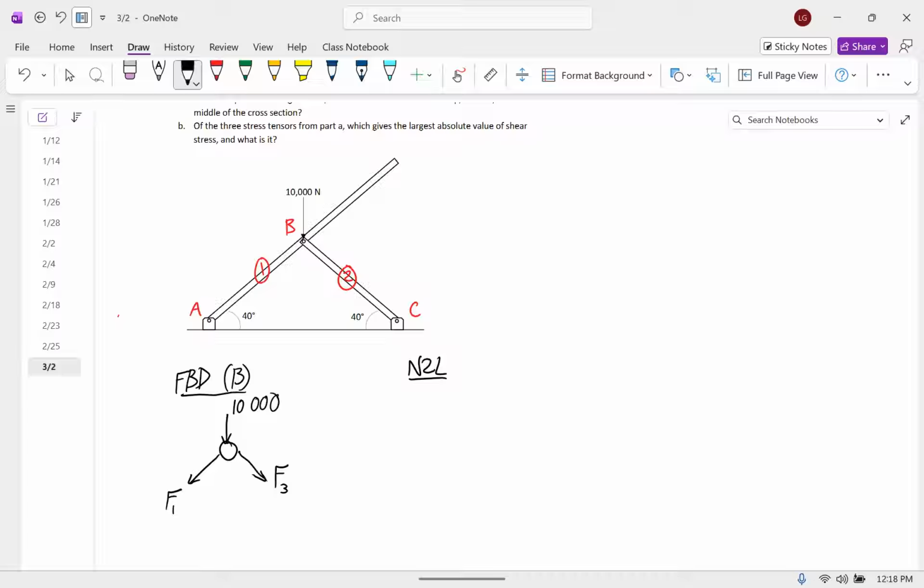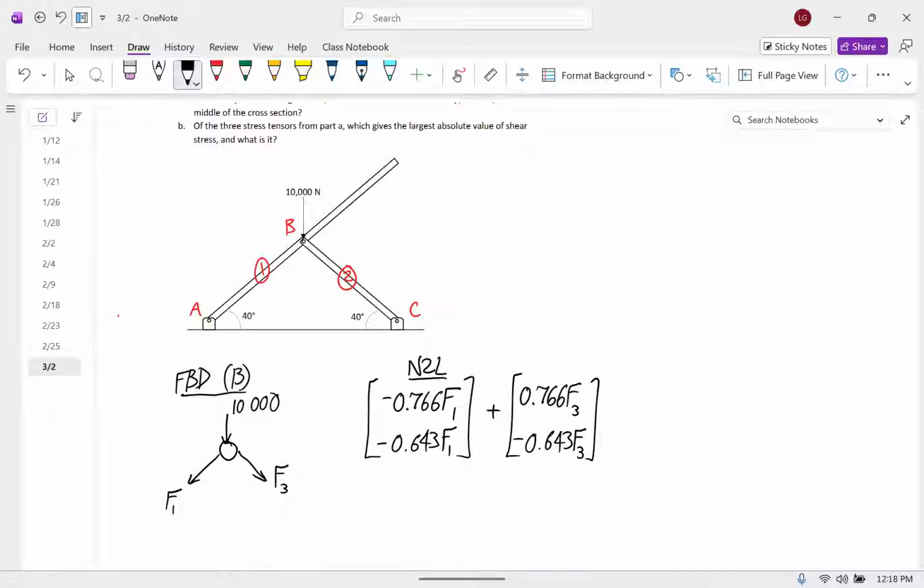So let's see, we have negative 0.766 F1, negative 0.643 F1, plus positive 0.766 F3, negative 0.643 F3, plus 0, negative 10,000.